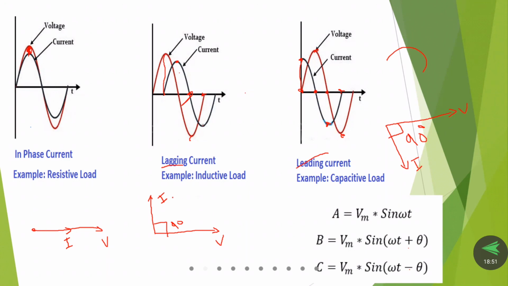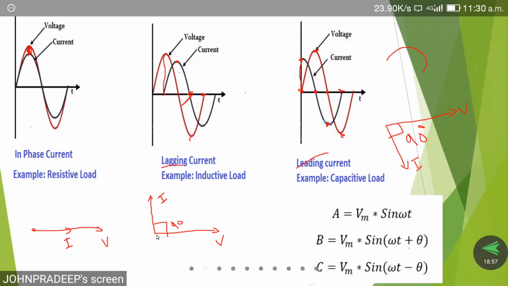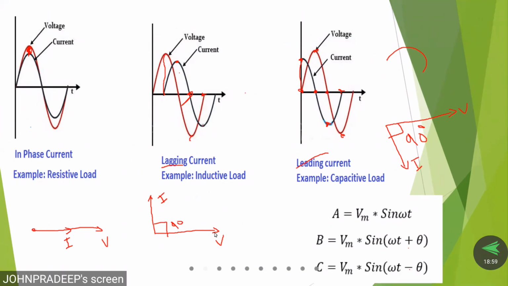If you draw the vector diagrams for current and voltage in the lagging and leading concepts, we always take voltage as the reference, because the voltage value is constant, but the current value may change with respect to time. So here V is taken as the reference. According to the concept, the current is lagging.